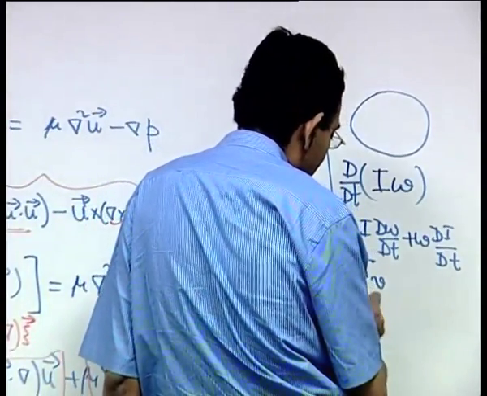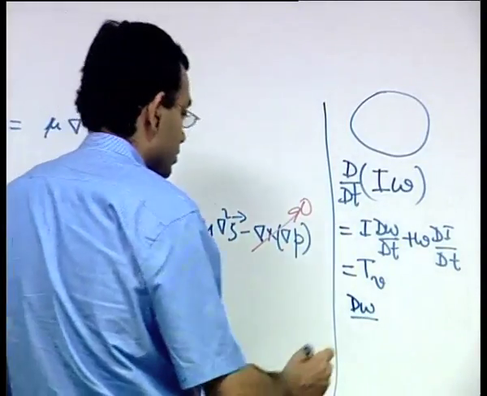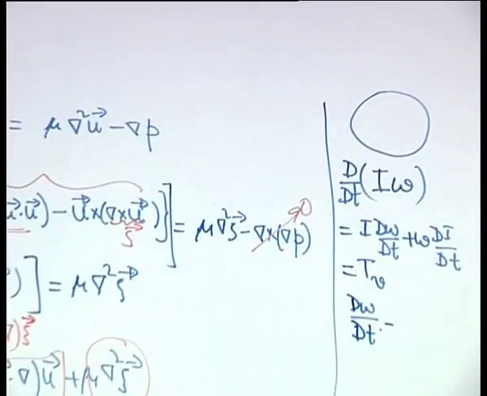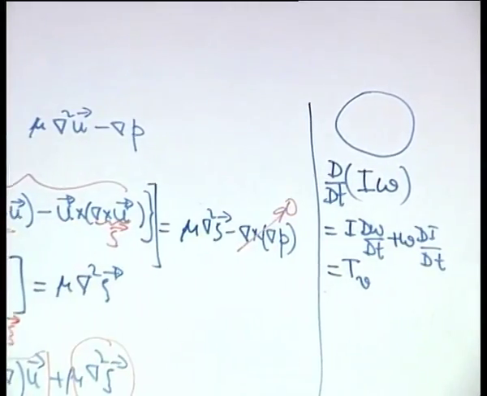So we can write d omega dt, let us write together with the vorticity transport equation so that we can get one to one analogy.